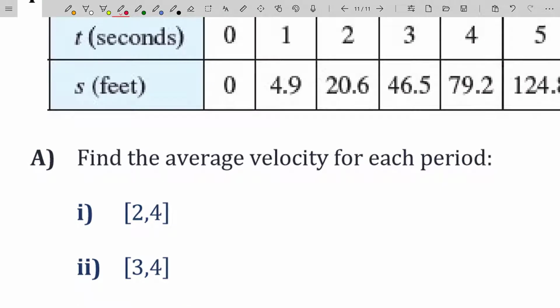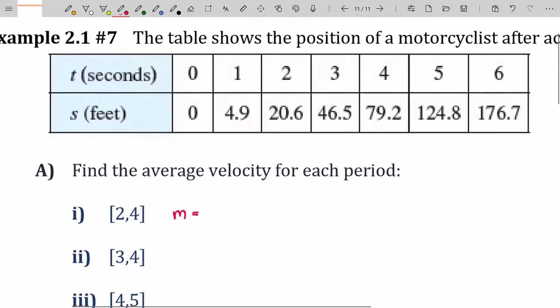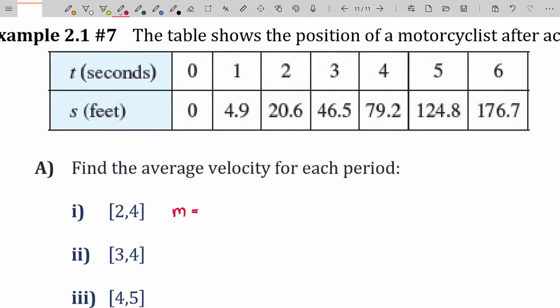Well, if the average velocity is just a fancy way of saying average rate of change, which is another way of saying slope, then really they're just saying what is the slope between time 2 and time 4 on this curve. You don't see a curve, but there is a curve behind the scenes. Remember, it's the difference in the y values over the difference in the x values.